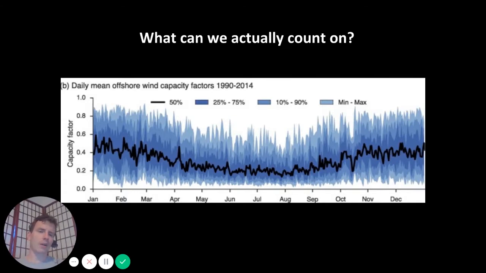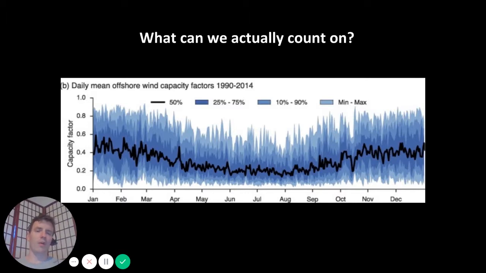And the different colors show you the statistical uncertainty about how much wind power is actually being produced from this project. So the black line is the median, right? It's the 50th percentile. If we assume that this was a normal distribution, then that median line would represent the average wind power production from this power plant.